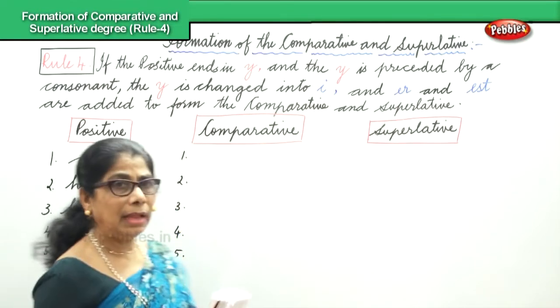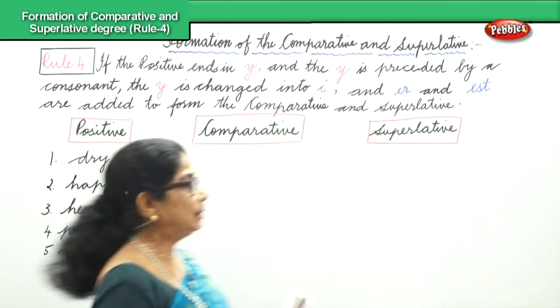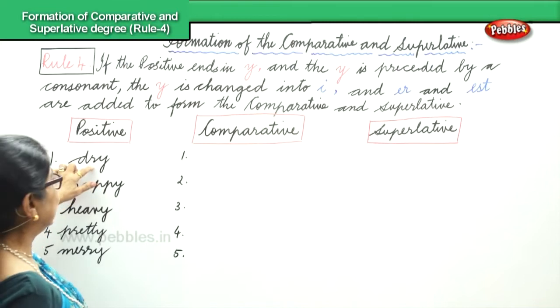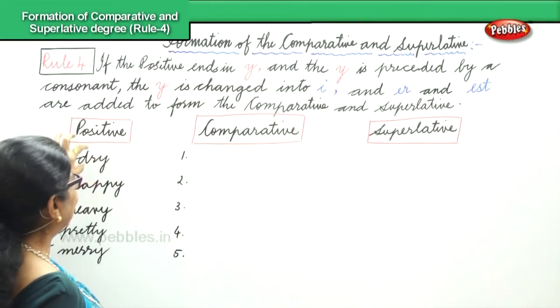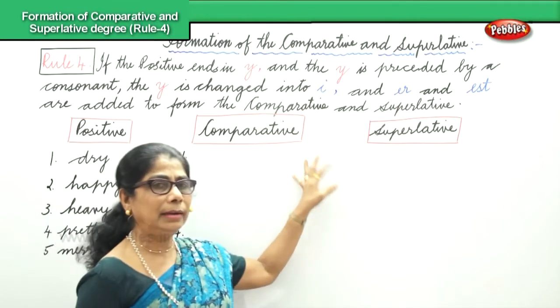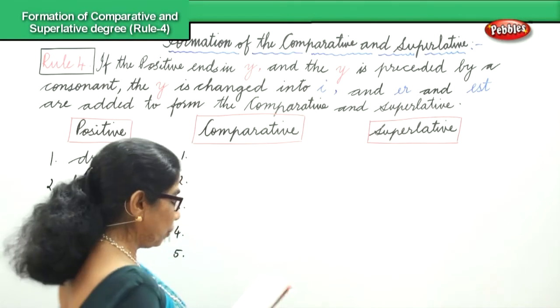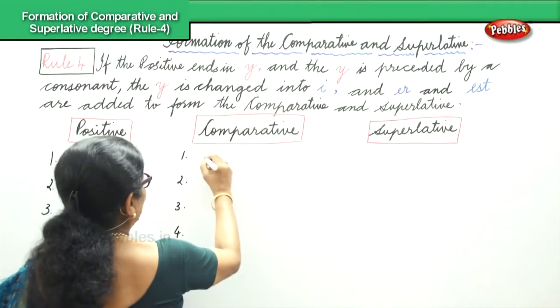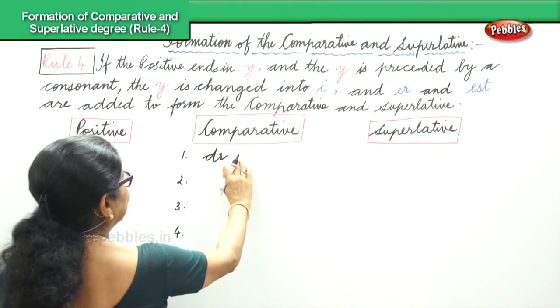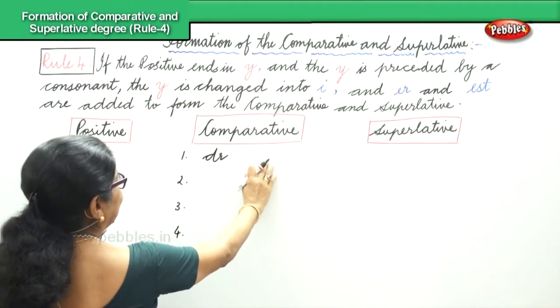Now, let's form the comparative. What does it say? The Y is preceded by a consonant R. Y changed to I, so DRI. Then ER is added to form the comparative. So you will find DR, then I is added and ER is added.